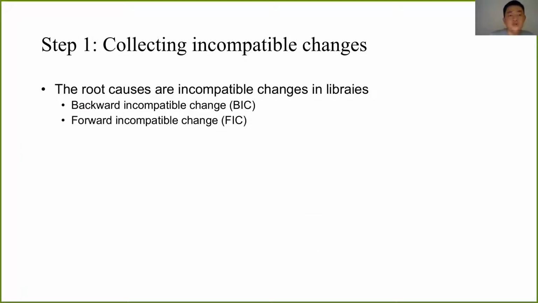The root causes of compatibility failures are incompatible changes in libraries. So the first step of DepOwl is to collect these changes, including both backward incompatible changes and forward incompatible changes.